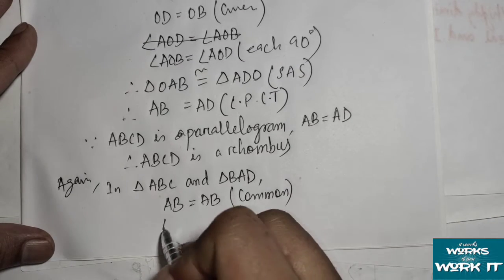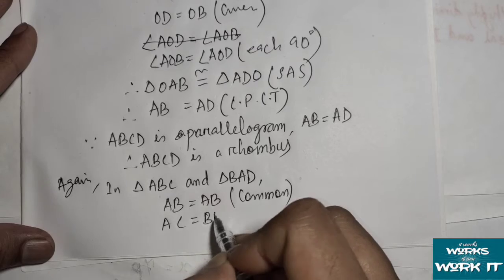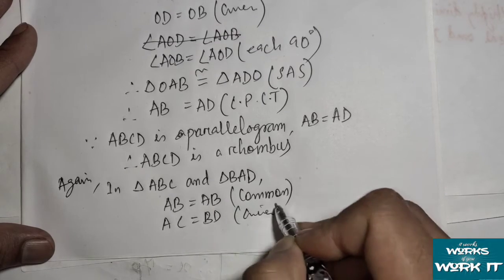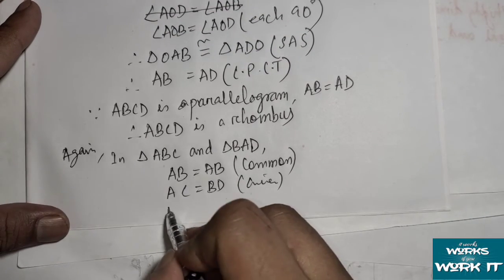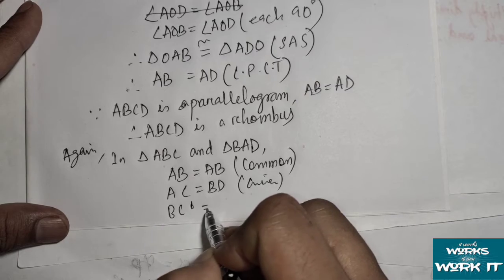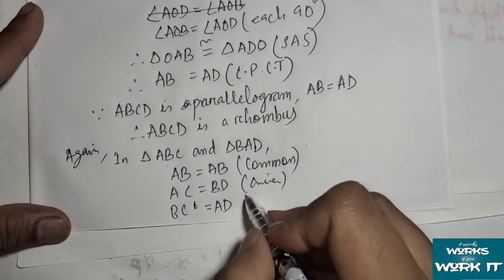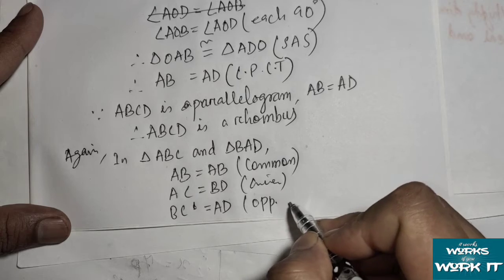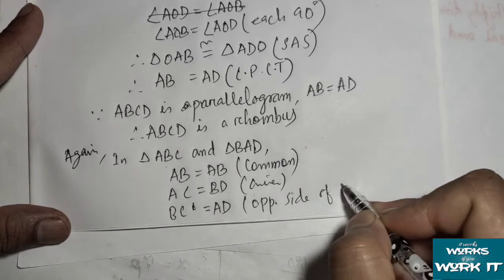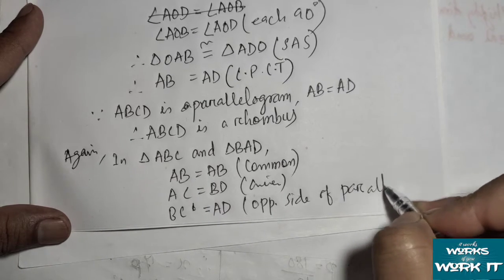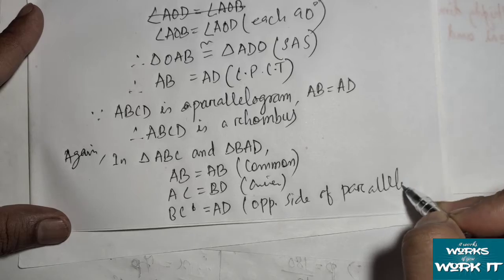Okay, then after AC will be equal to BD, that was already given, the diagonals. Then after BC equal to AD. Okay, that is the opposite side of the parallelogram.